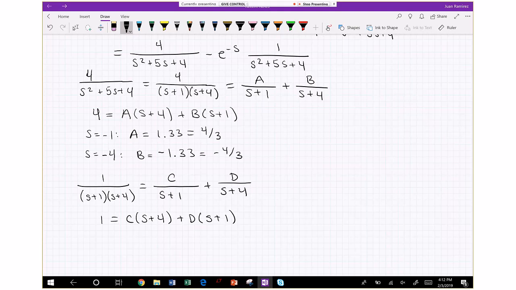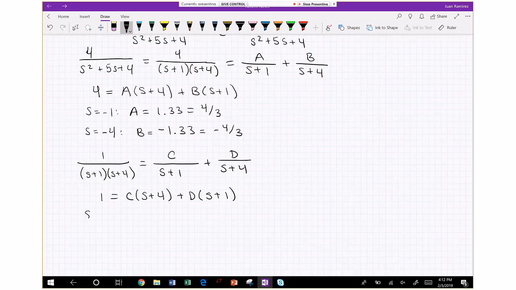You end up with 1 equal to c times (s plus 4) plus d times (s plus 1). If you plug in those same zeros, you should end up with a value of c equal to 0.33, or 1/3. When you plug in negative 4, you should end up with d equal to negative 0.33, or negative 1/3. And now you have values of a, b, c, and d.